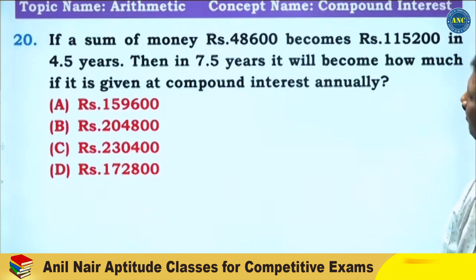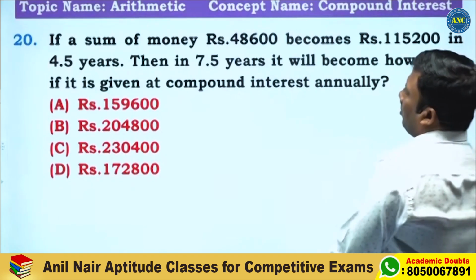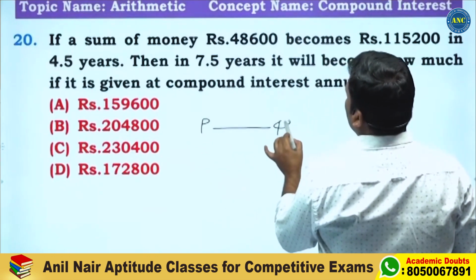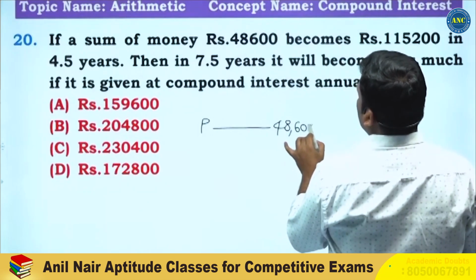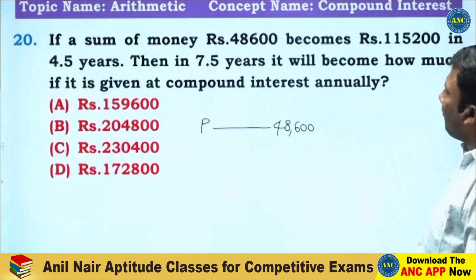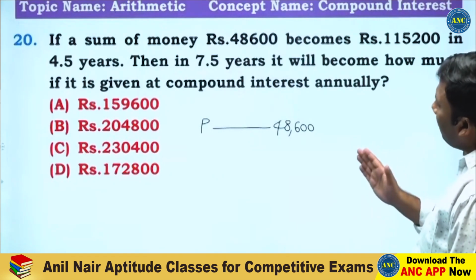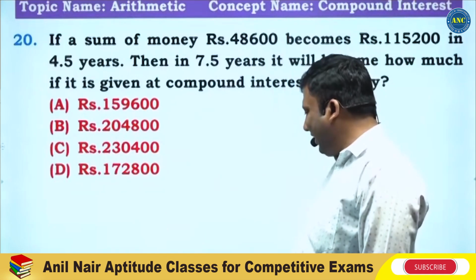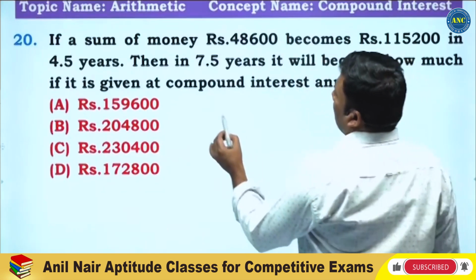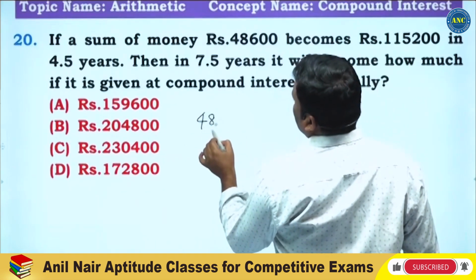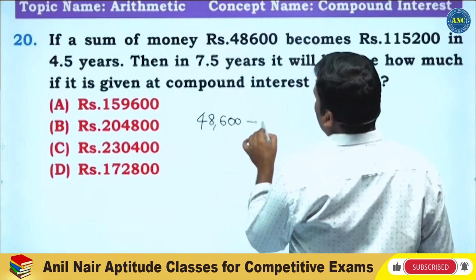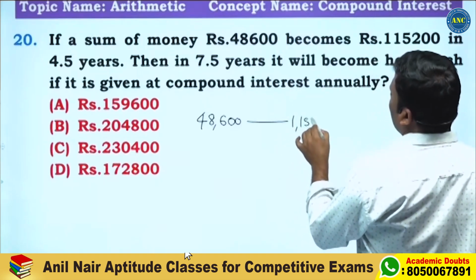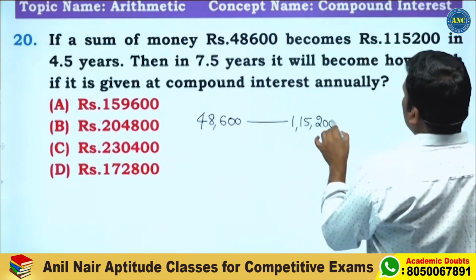If a certain sum of money, 48,600, the principal itself is 48,600, is becoming 1,15,200.